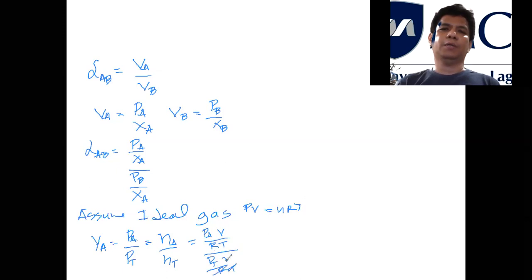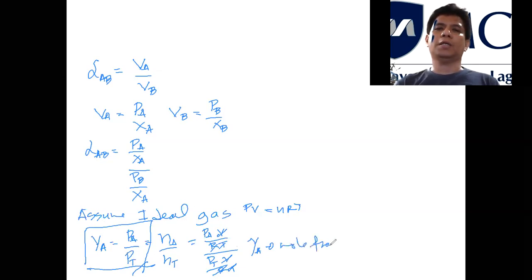All the other variables will cancel out. Of course, gas constant R will cancel out. They are in the same container, so the temperatures are the same and they occupy the same volume. So in an ideal gas system, P sub A divided by P total is equal to the mole fraction of A, or Y sub A. This is the mole fraction of A in the vapor or in the gas.